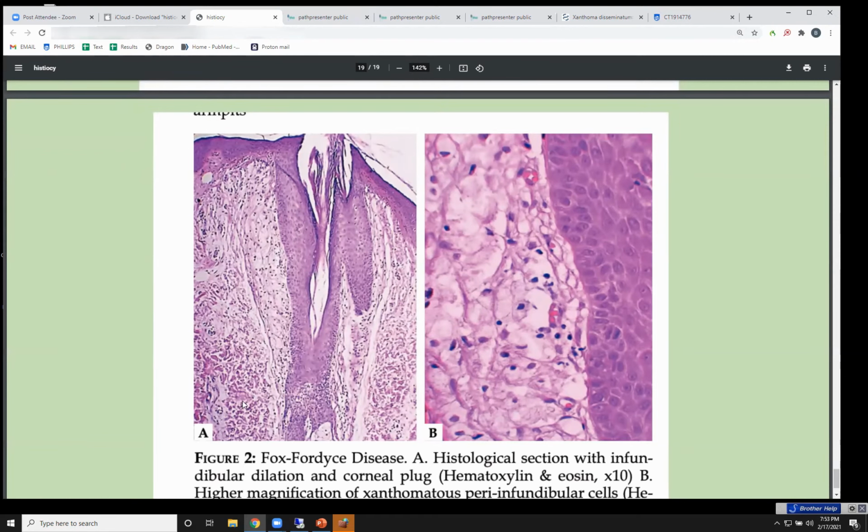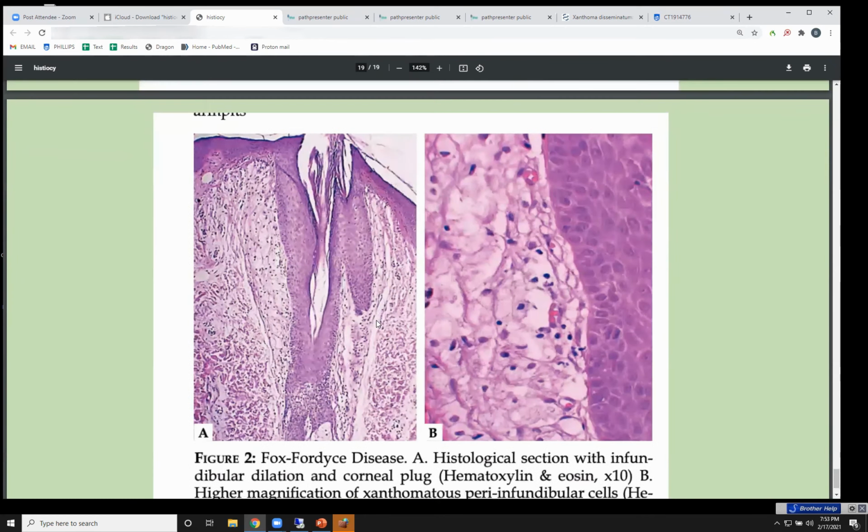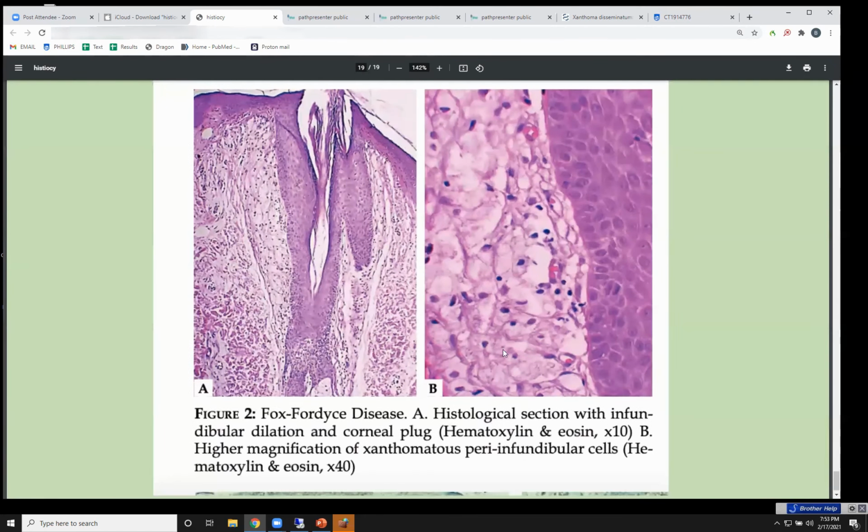And one of the clues to Fox-Fordyce disease is perifollicular foam cells, xanthomatous cells. So if you see what looks like xanthelasma and it's in the axilla, think of Fox-Fordyce disease, because it's a difficult diagnosis to make histologically, given the focal nature of it on the apocrine epithelium. And when you see these foam cells around the epithelium of the follicle, that's a clue to Fox-Fordyce disease.